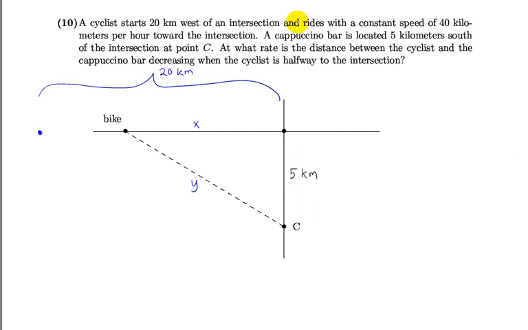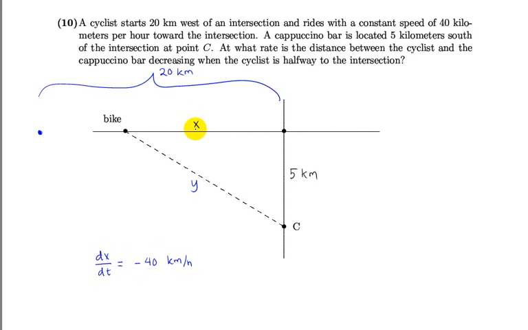So first we know that the bike has constant speed of 40 kilometers per hour. So we translate this into the rate of x, which is equal to negative 40 kilometers per hour. Why is this negative?